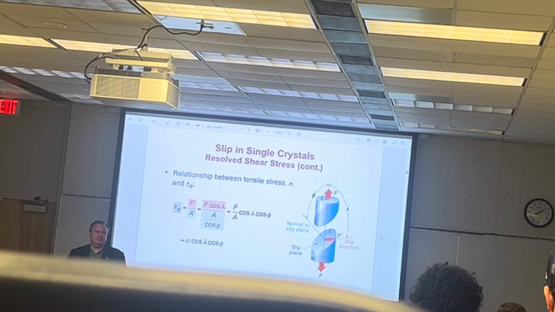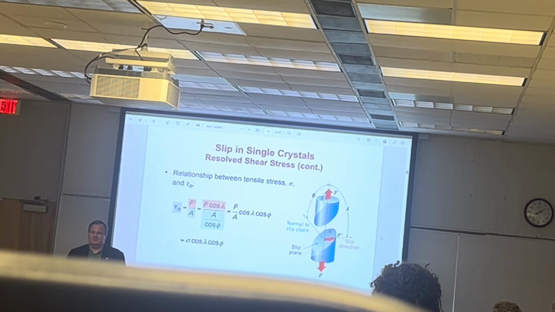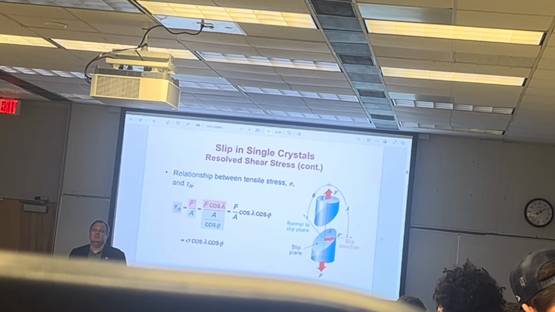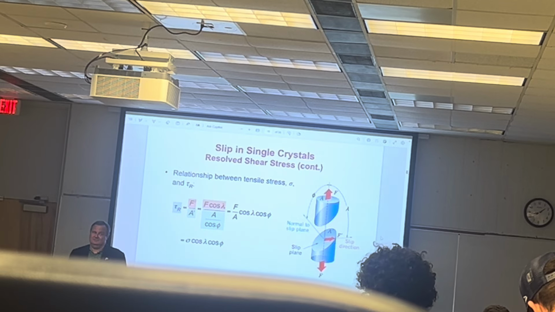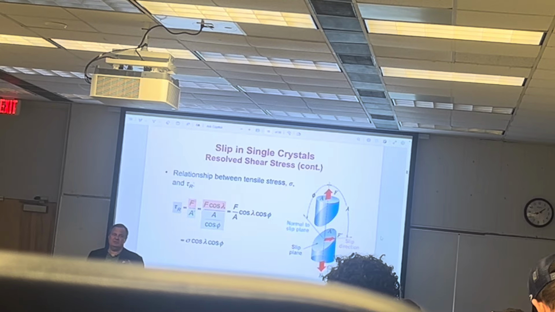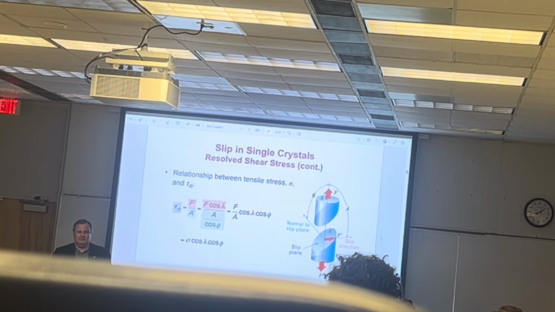What do you think she's going to get? The angles in Excel, by definition, are in radians. So the answer is going to be minus 0.9.